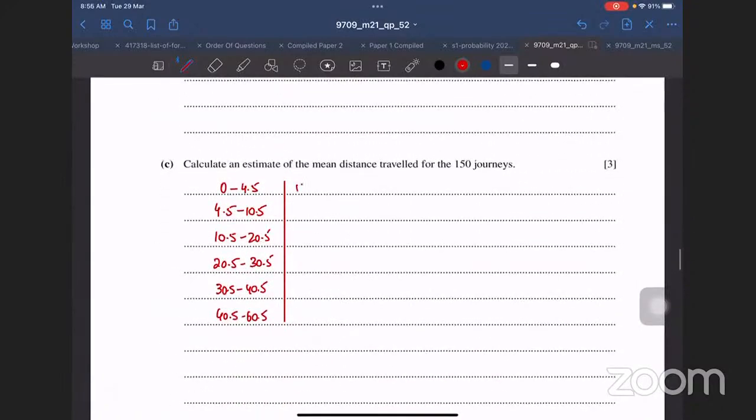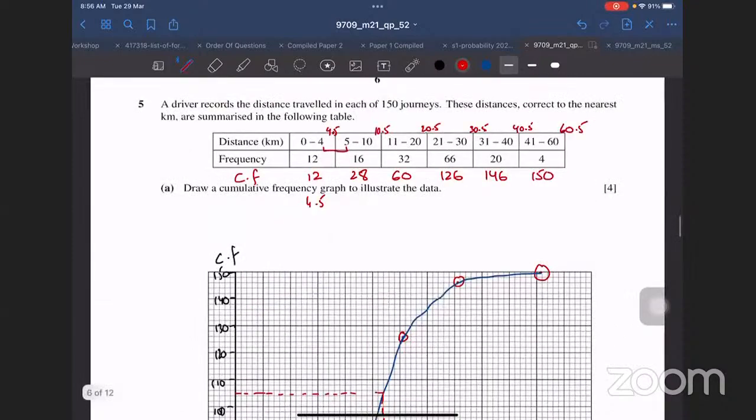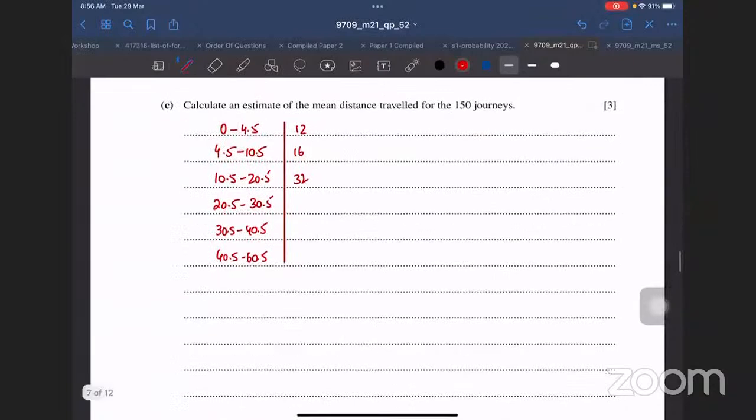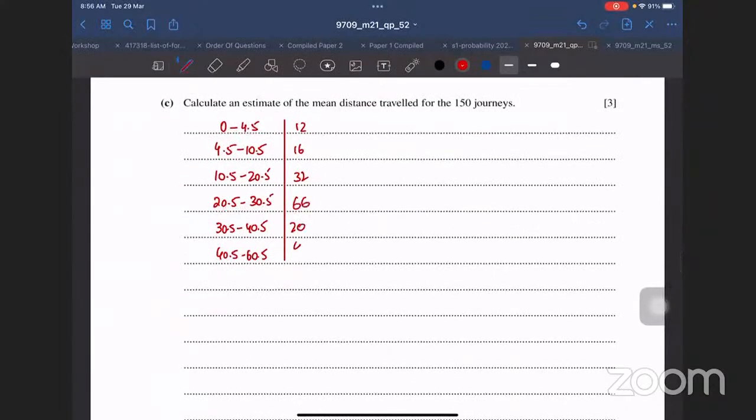12, 16, 32, 66, 20, and 4. So that's the column for frequency. Those are the classes. The formula for mean is sum of fx over sum of f. So what I'm going to need is all the midpoints of the classes. So I'm going to create a new column called midpoints. And the midpoint of 0 and 4.5 is 2.25.